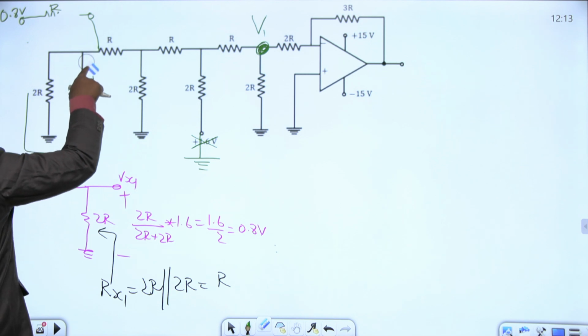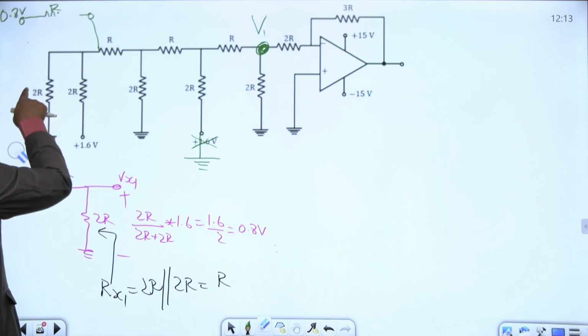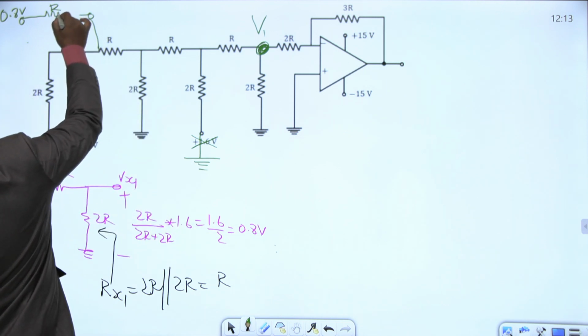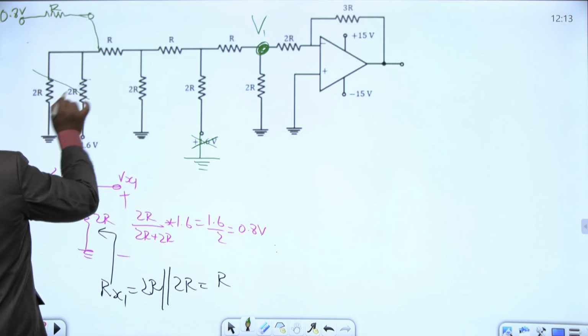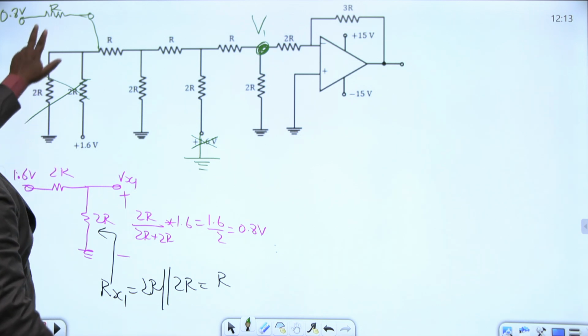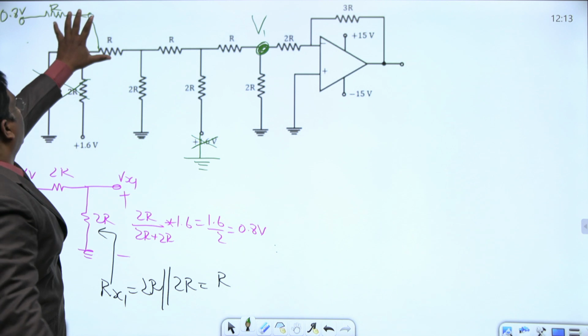This part of the circuit is not there. This is a resistor. So 0.8 volts, R connected to R. Now again this R and R in series, the equivalent is nothing but 2R.